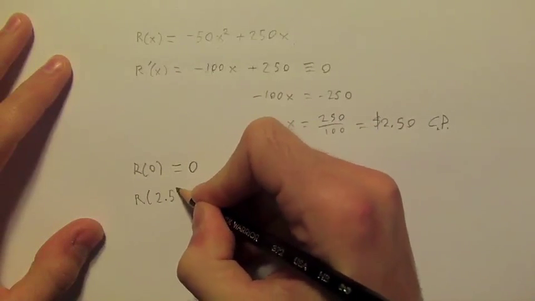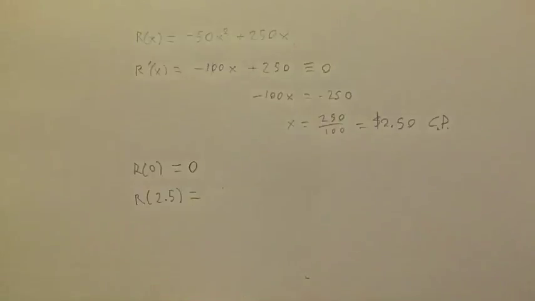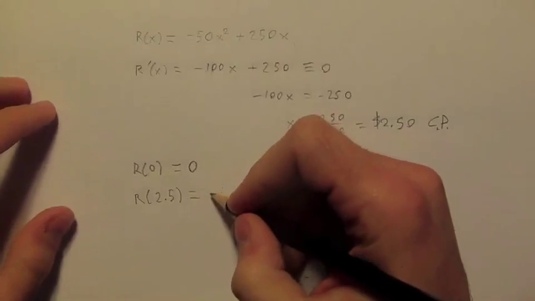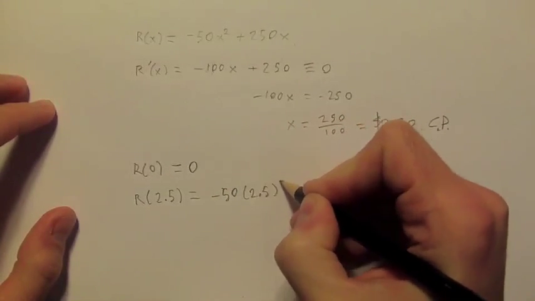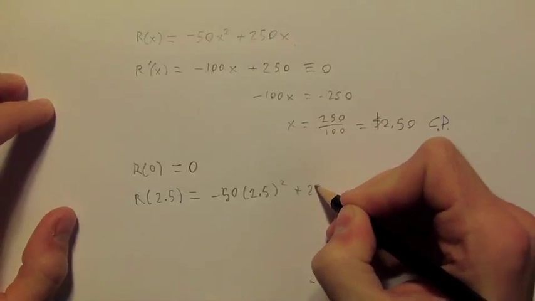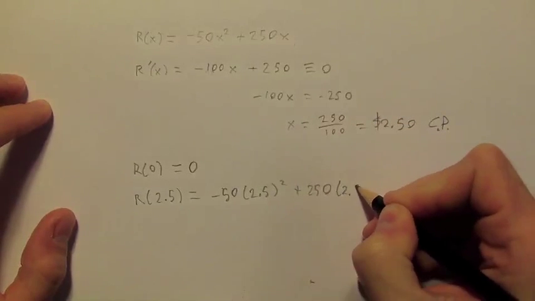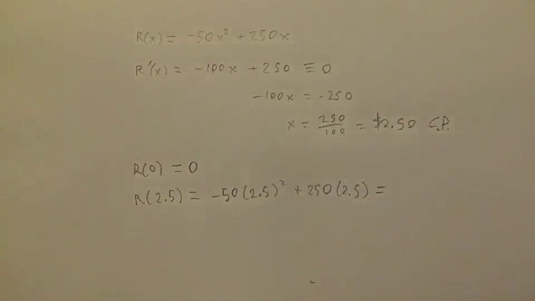If I plug in 2.5, that is going to be negative 50 times 2.5 squared plus 250 times 2.5. Let me plug that in my calculator.